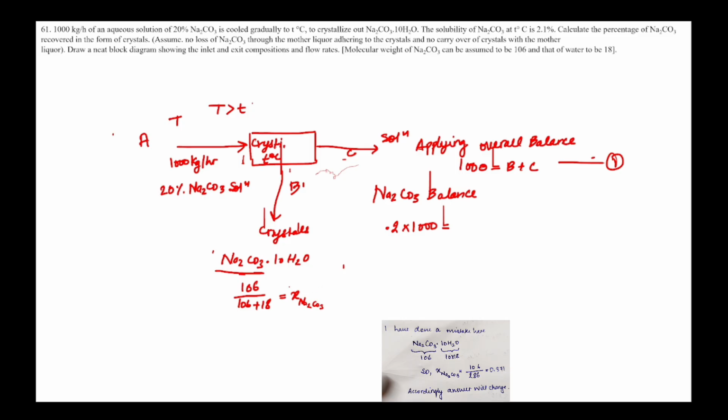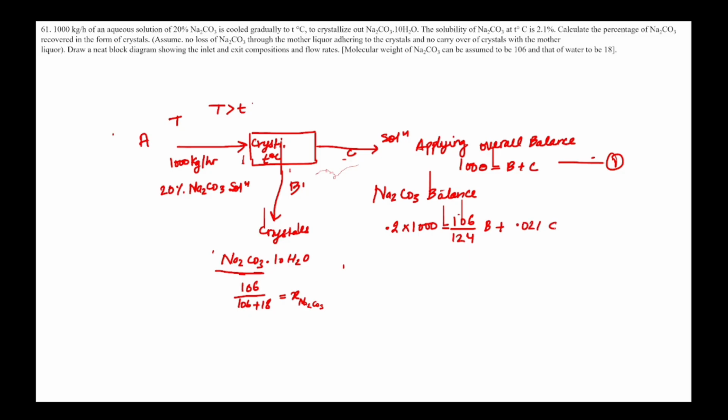So that is 124. So 106 divided by 124 into B plus 0.021 C, because it is written the solubility of Na2CO3 at T degrees Celsius is 2.1%, and that will come in the C stream. The same temperature will come in the C stream.